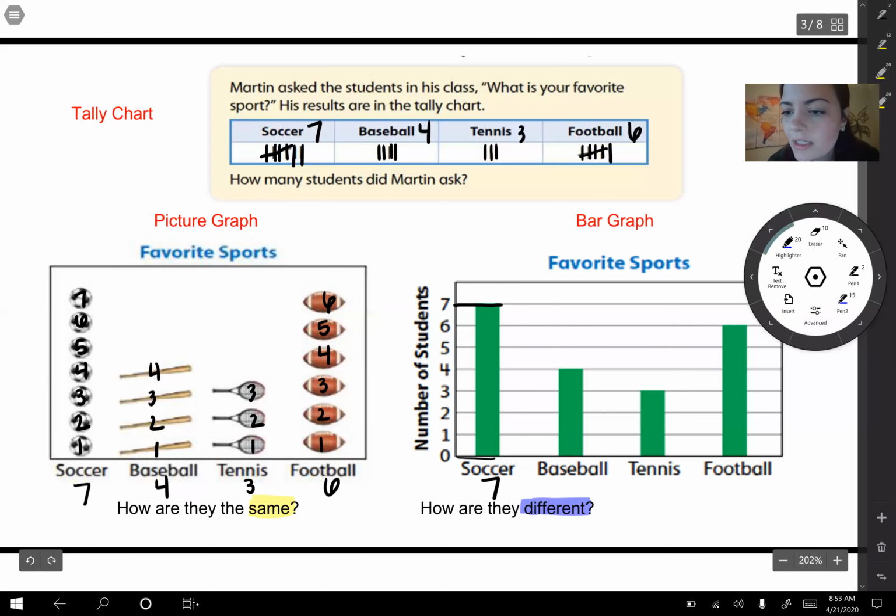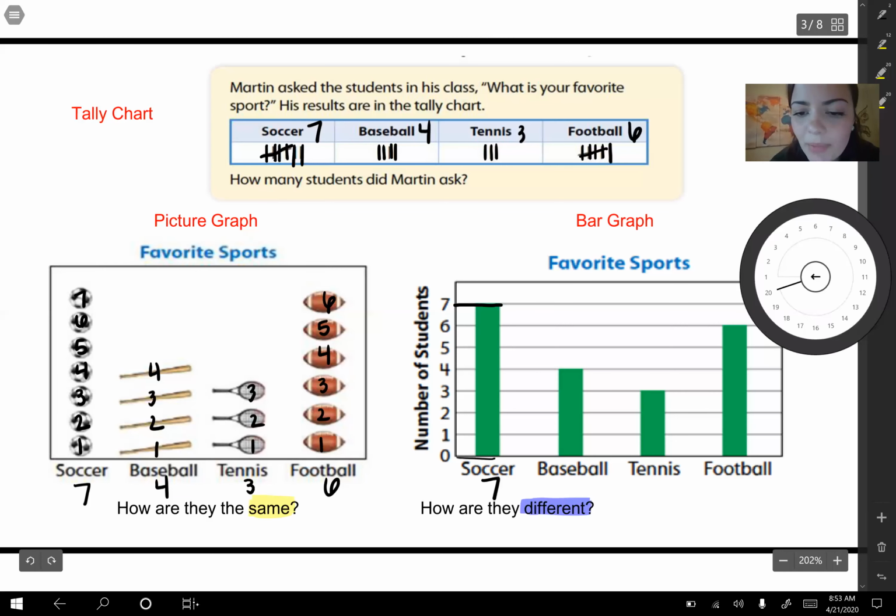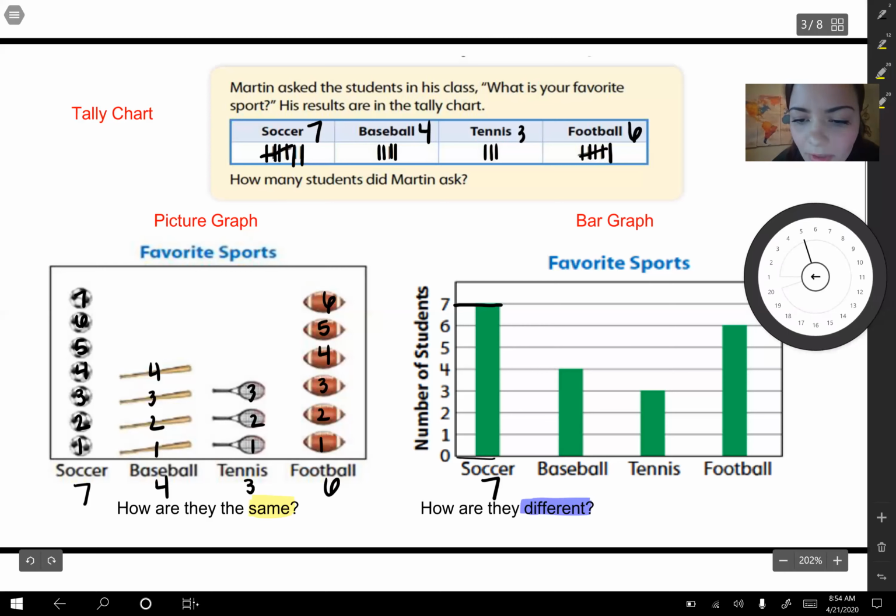So then we have baseball. I'm going to take a line all the way from baseball and I'm going to stop it there. Baseball looks like it stops at 4. And then tennis. Take a line from tennis, and we gotta make sure our lines are nice and straight or we might get it wrong. So then we have 3 in tennis.